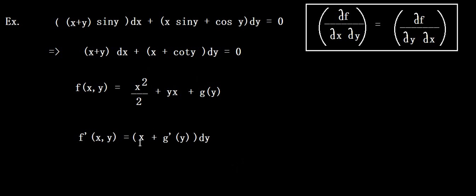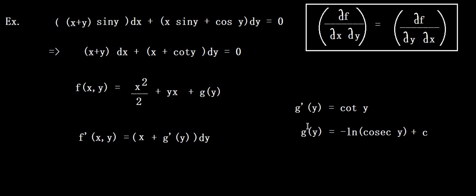Lastly, we need to place the dy as a whole bracket. Now if we check, this term would be matched with this term, and we will get g dash y equals cot y, and g(y) would be equal to minus ln cosec y. So we can write g(y) equals minus ln cosec y plus c.